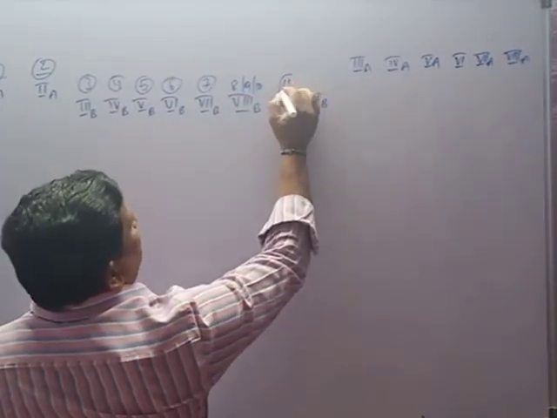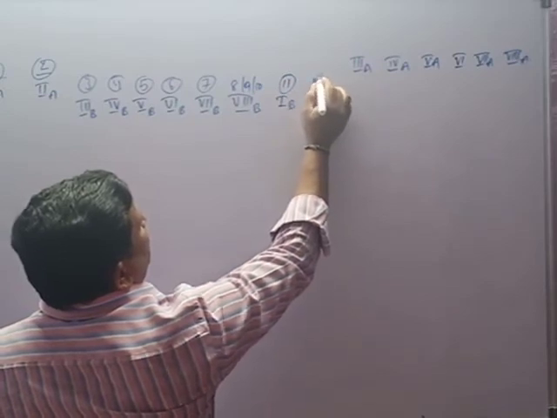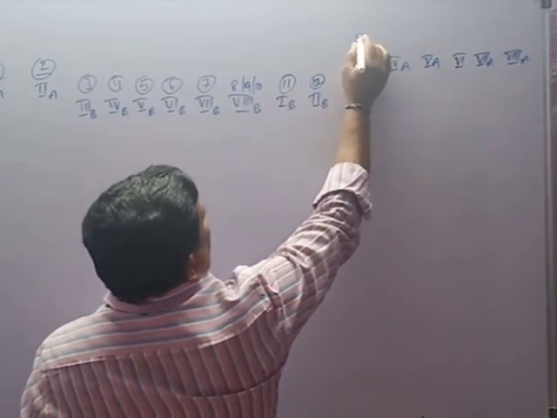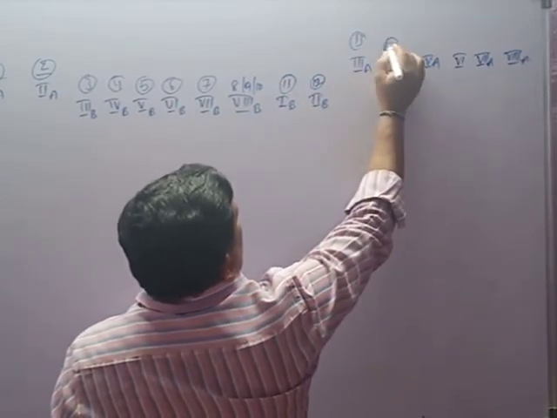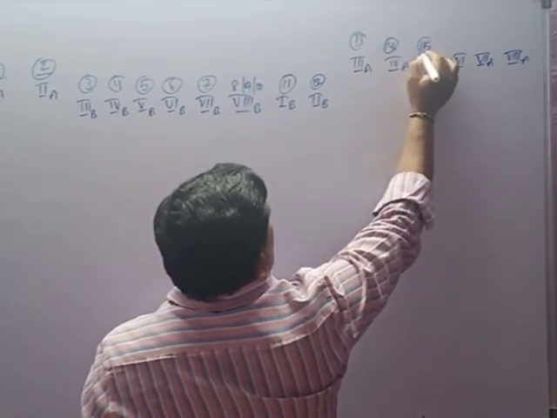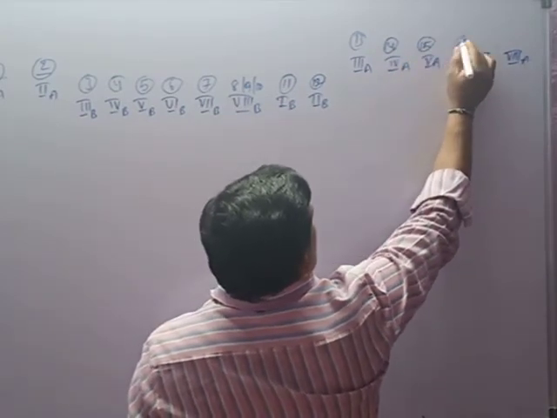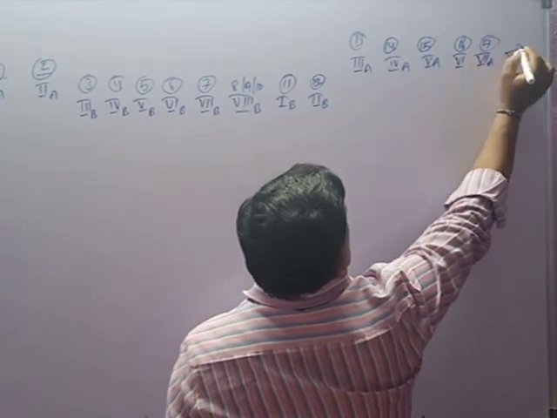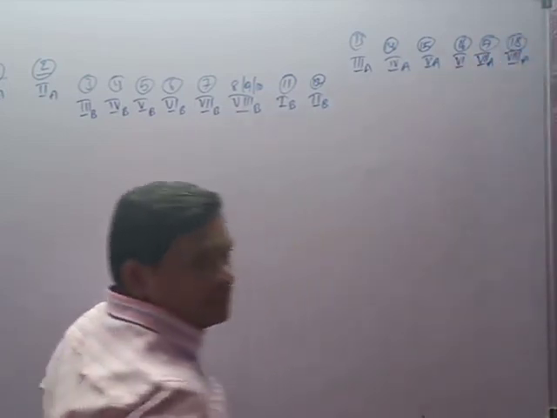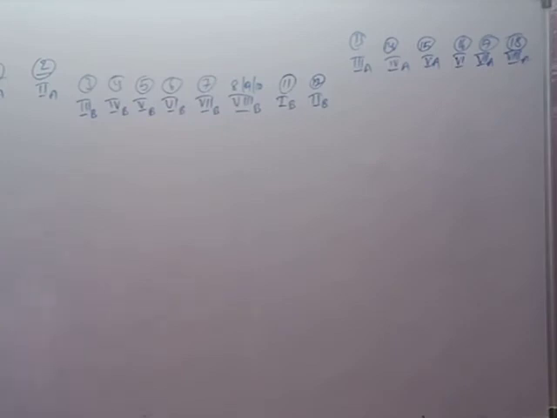So it is 11th group and 12th group. Then 13th group, 14th group, 15th group, 16th group, 17th group, and 18th group.